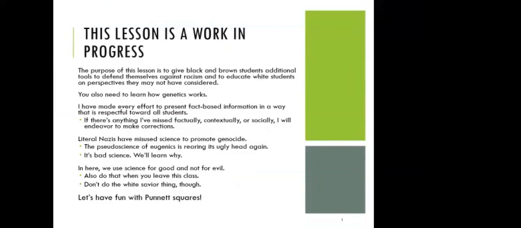My purpose here is to help inform my fellow melanin deficient people and to give my Black and brown students whatever tools they need to help defend yourself against racism as best as I can. I don't have much, but I've got this.